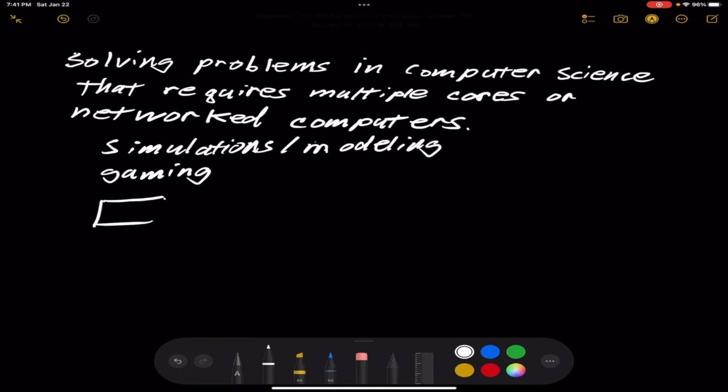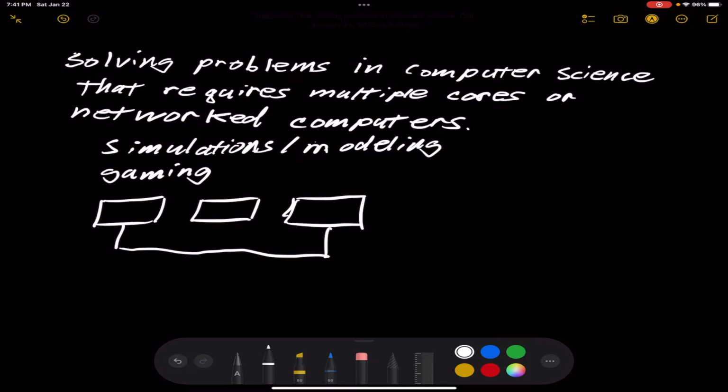We'll just draw out the computers as boxes, and then they will be networked together, and then you might have some kind of computer that is a controller, just to make sure that everything works the way it needs to.